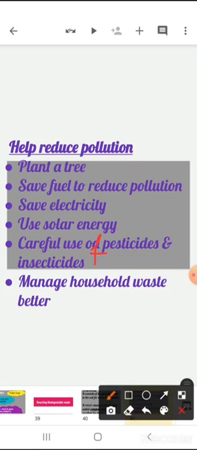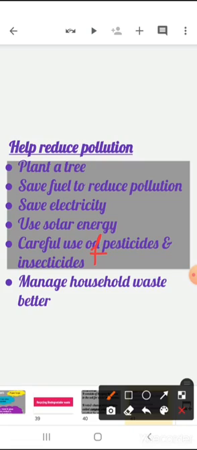Careful use of pesticides and insecticides. We have to carefully use pesticides and insecticides, because these also create a lot of pollution, and these are also harmful for our health.